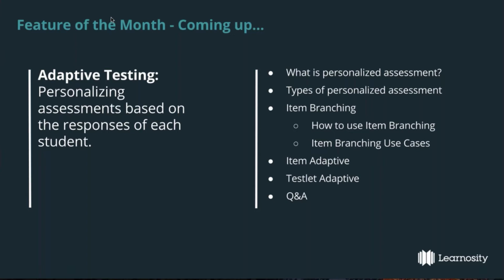This is where you're going to need to have some psychometricians involved. You're going to need to be evaluating student ability and item difficulty and so on. So it's a higher buy-in, but gives you a lot more power and analytics afterwards. And then we can apply a similar approach to delivering testlets or pre-created assessments rather than delivering one item at a time. And then, of course, as Saoirse mentioned, we'll have a Q&A at the end.